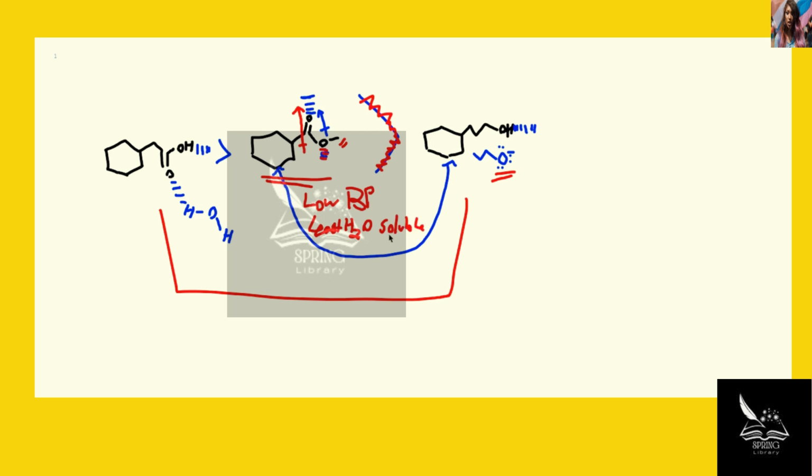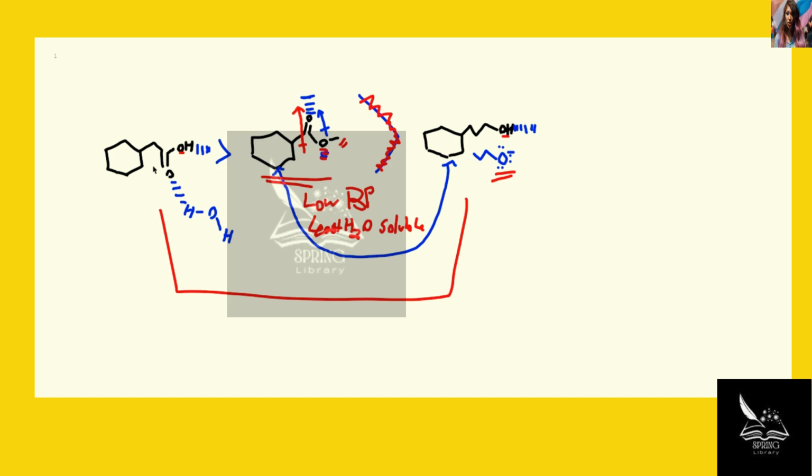Now, what about the most water soluble and the most polar? We determined that the remaining two can both form full negative charges on this oxygen here and here, so that's a tie. We can have one full negative charge on each of these molecules. So now it comes down to the intermolecular interactions that can occur with other molecules and with water molecules.